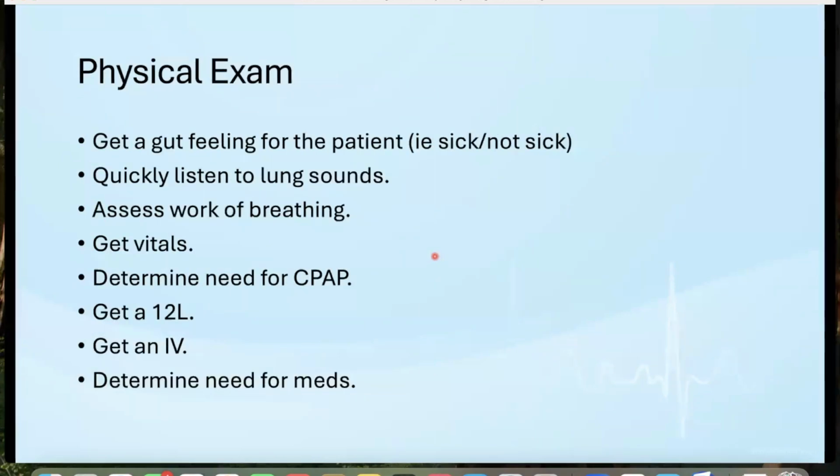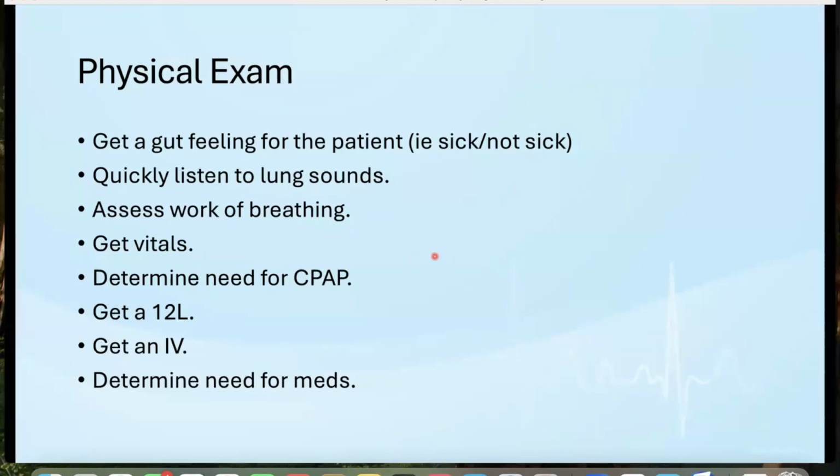So when we're taking a look at these folks, we want to figure out, are they sick or not sick? Very quickly listen to their lung sounds. They may have rales in their bases. We want to assess their work of breathing, get a set of vital signs, and very frequently with these catecholamine associated pulmonary edema events, we will see blood pressure sometimes as high as in the 300s over mid 100s.